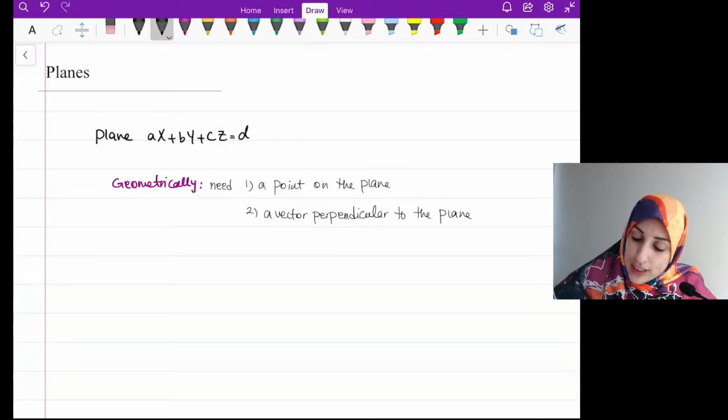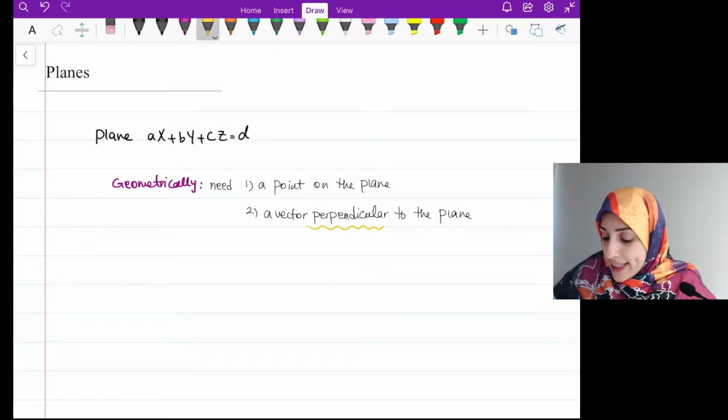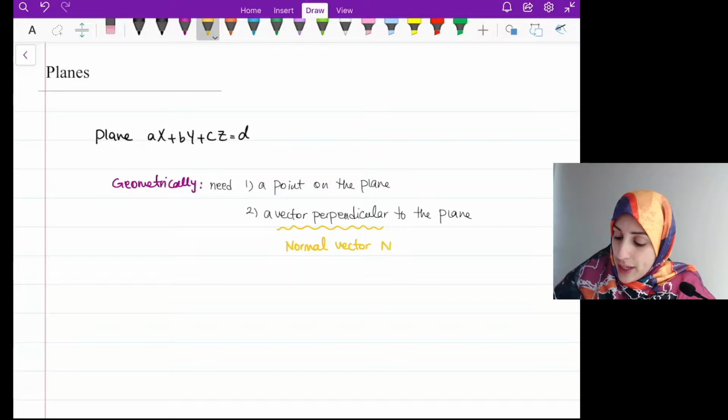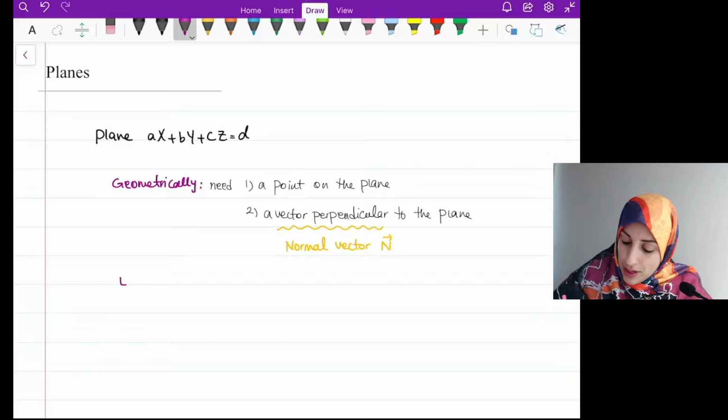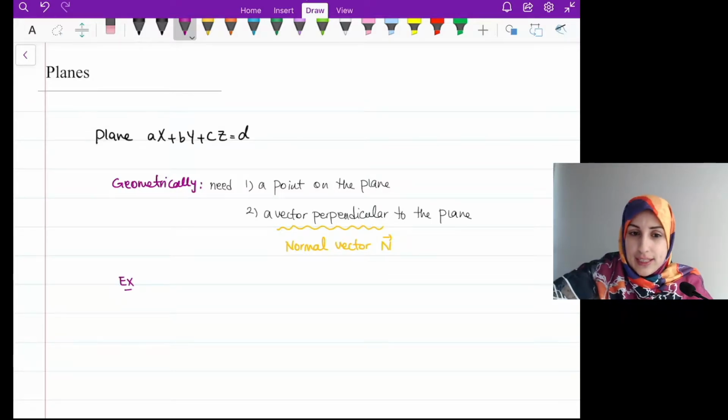A vector that is perpendicular to the plane is called a normal vector, and we show it by capital N. Let me give you an example, and I'm going to explain it through the example.